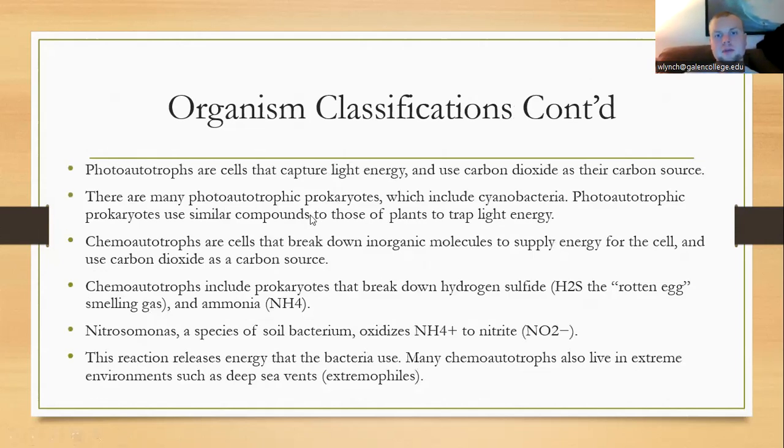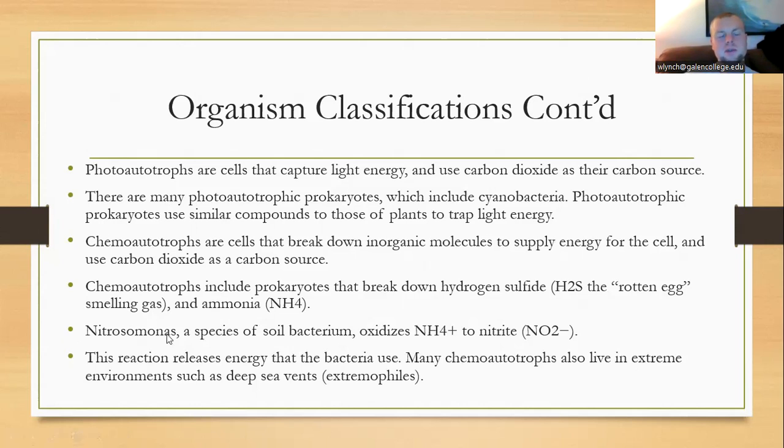Photoautotrophs are going to capture light energy and use carbon dioxide. We have many photoautotrophic prokaryotes. Photoautotrophic prokaryotes are going to use similar compounds to those that plants use to trap light energy. Chemoautotrophs break down inorganic molecules to supply energy. Chemoautotrophs include prokaryotes that break down hydrogen sulfide and ammonia.